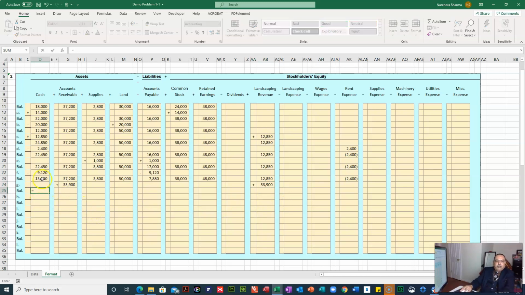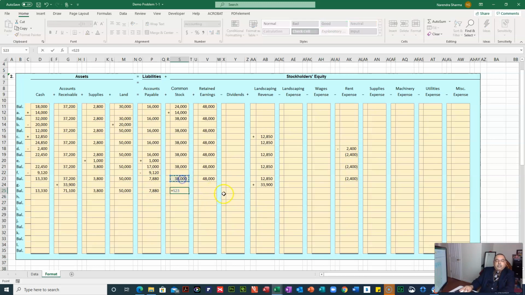So that's going to be 13,350. This will be 37,200 plus 33,900 will be 71,100. And then supplies will be same 3,800. Land will be 50,000. Accounts payable will be 7,880.